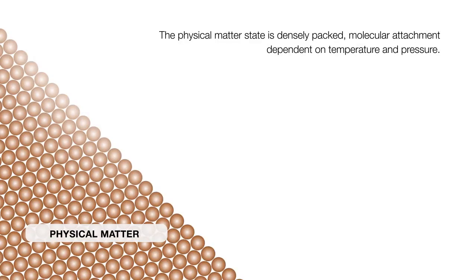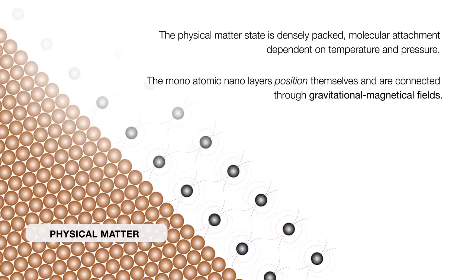So the physical matter state is densely packed, molecular attachment dependent on temperature and pressure. The monatomic layer, nanolayer position themselves and are connected through gravitational magnetic fields.